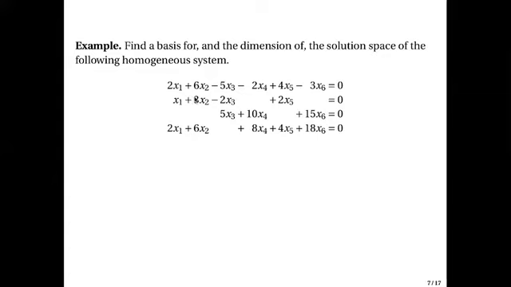In here you have 4 equations and 6 unknowns, so the underlying space is R6, coming from the 6 unknowns. Once we know the basis for the solution space, we will be able to get its dimension.